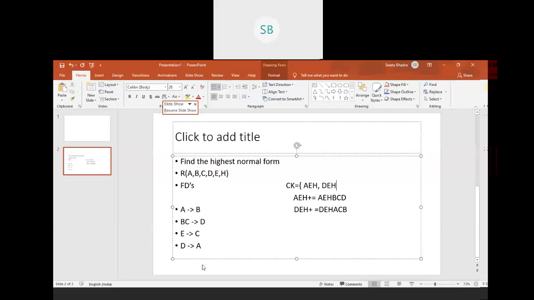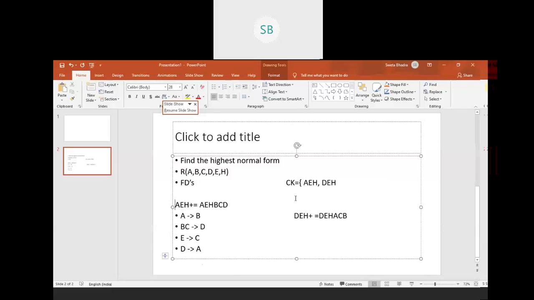Then we go for checking the closure of EH plus, but we have found that EH will determine only EH and C. So that means it is not determining all the attributes, so it cannot be the candidate key.